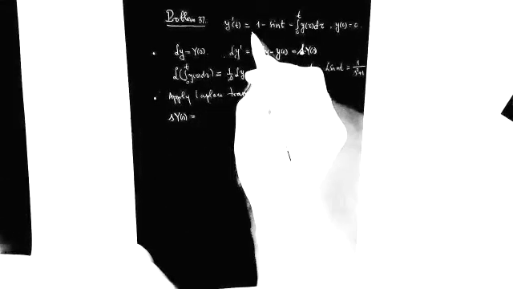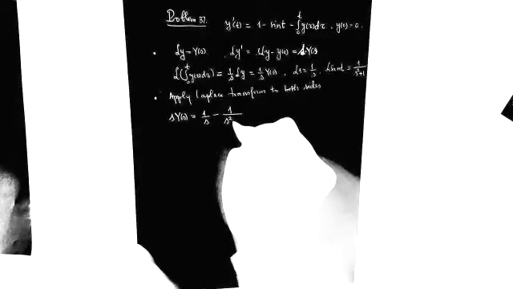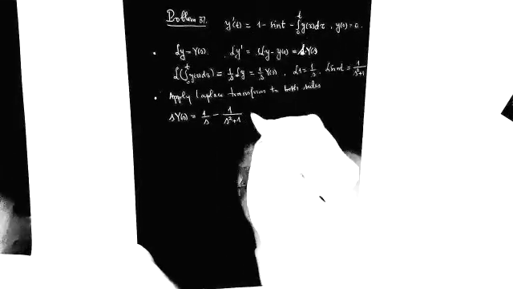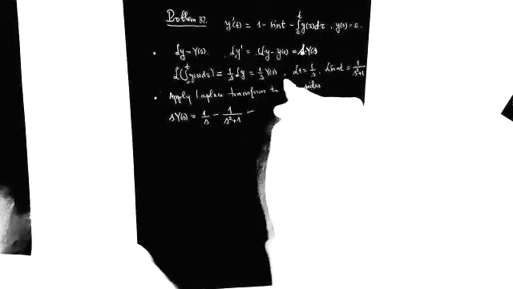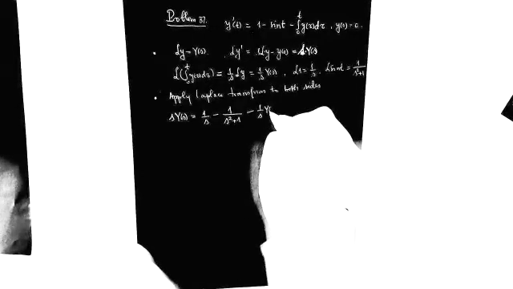Equals, on the right, 1, that's 1 over s, minus sine t, that's 1 over s squared plus 1, minus the Laplace transform of the integral, and that is 1 over s Y of s. That's it. That's how you apply the Laplace transform. Once you do that, the rest is algebra.